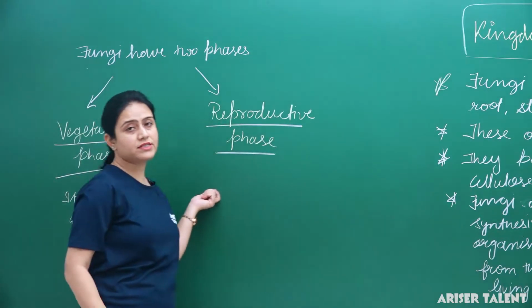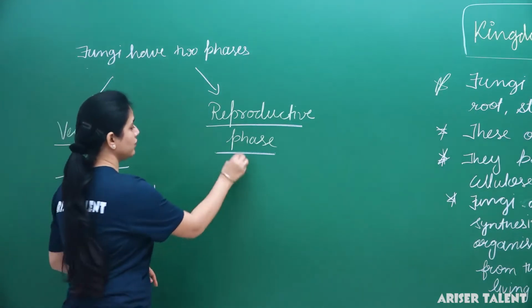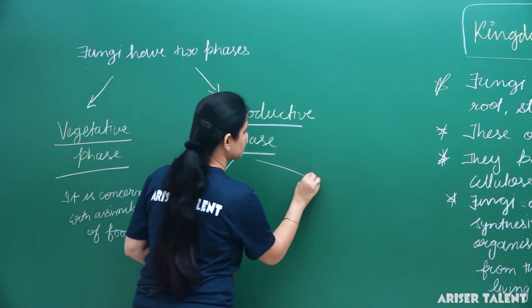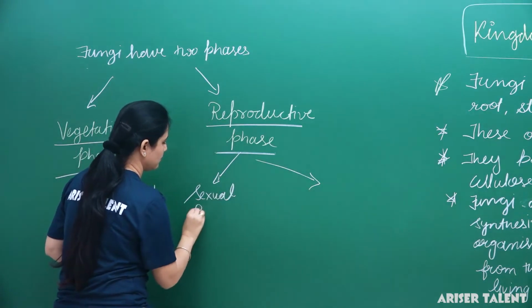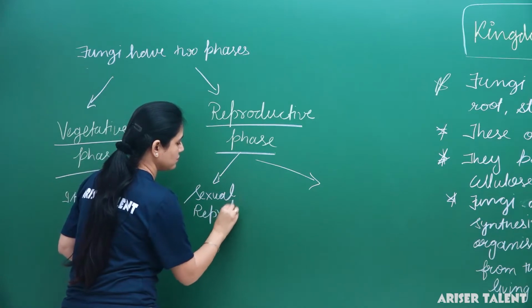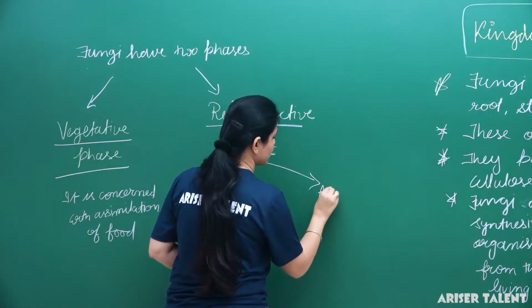So in the reproductive phase, again reproduction can be of two types, sexual and asexual. Sexual reproduction and asexual reproduction.